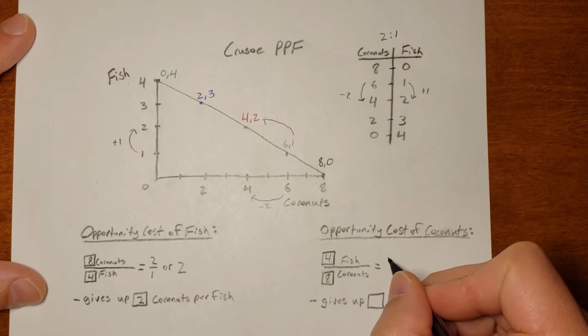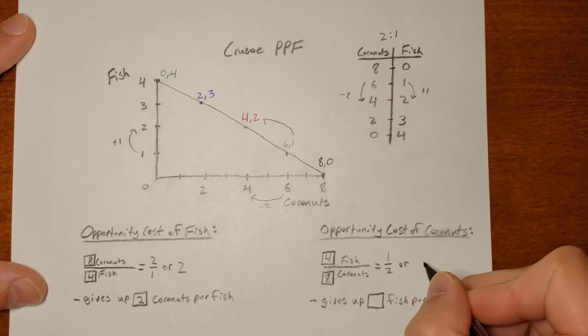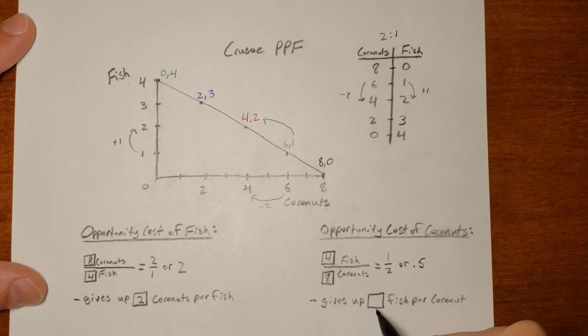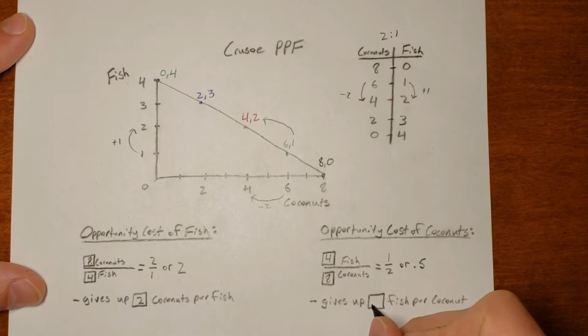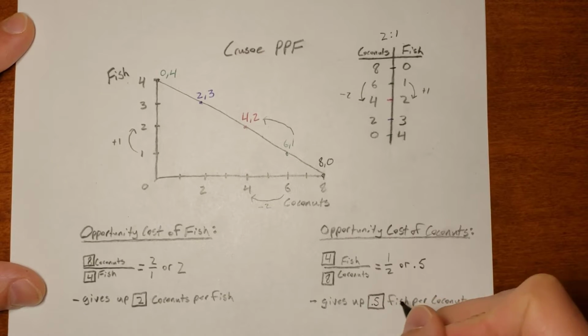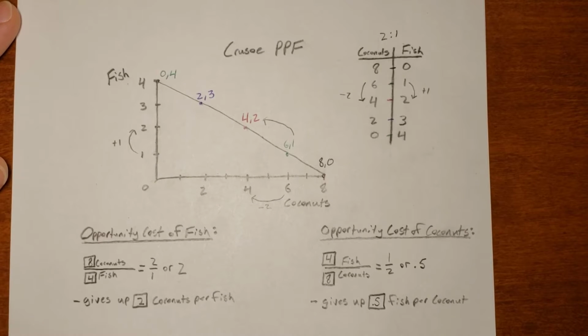We'll just say that it's 1 over 2 or 0.5. So this is the number that we're looking for, 0.5. So what we see here is that each time that Caruso produces a coconut, he gives up 0.5 fish, or 1/2 of a fish. So this is the way that we calculate opportunity cost.